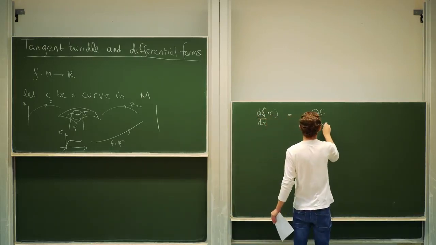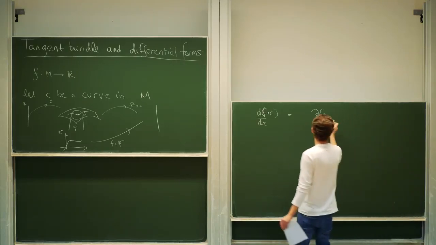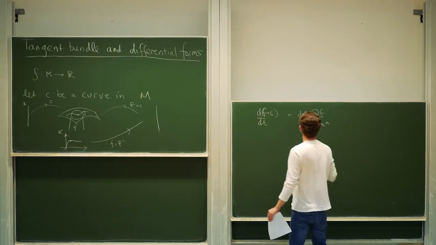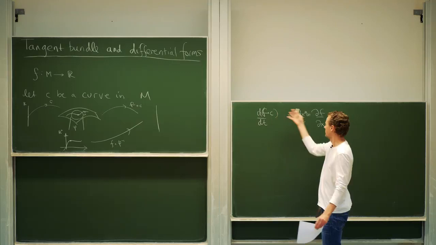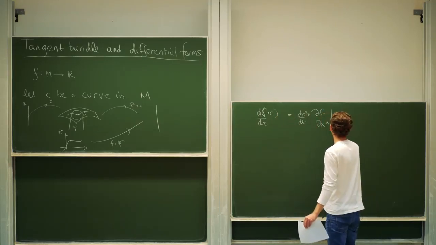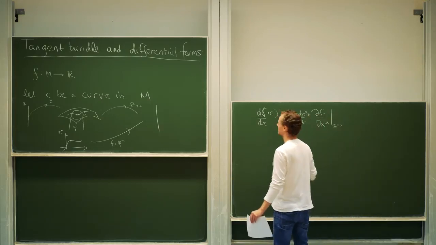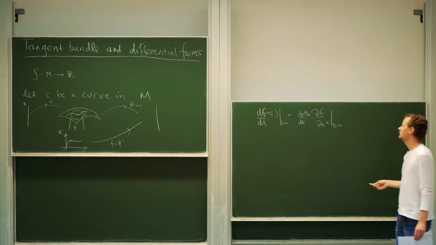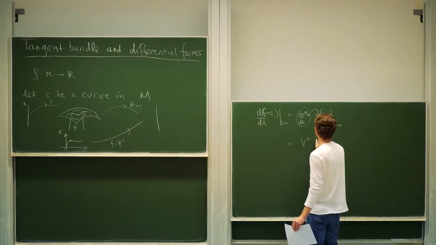First differentiate with respect to the coordinates of our chart, and then differentiate those with respect to t along the curve C. So this is how you would calculate the directional derivative of f along C, and then evaluate everything at t is naught. And then you notice, well, this is just some fixed set of numbers. Let's give them a name, say v.